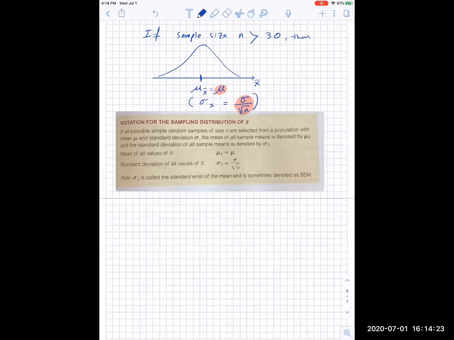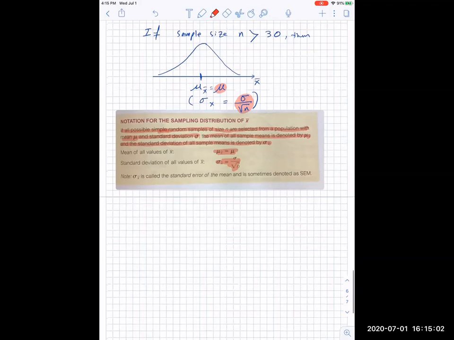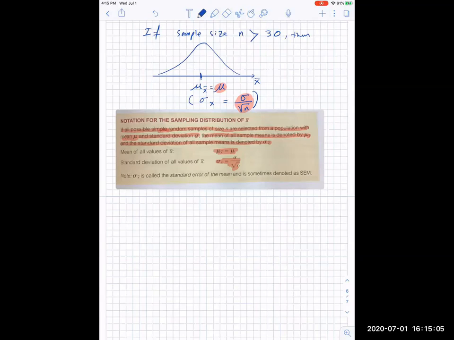If all possible simple random samples of size n are selected from the population with a mean mu and standard deviation sigma, then the mean of all sample means is the population mean, and the standard deviation of the sample means is the population standard deviation divided by the square root of n. That's the theorem, guys, and let me show you how we're going to apply it.